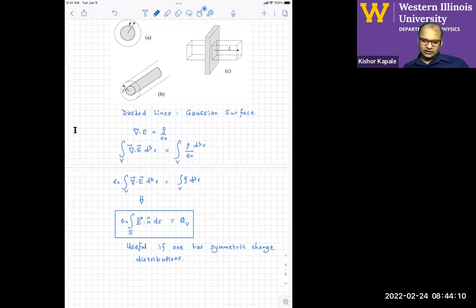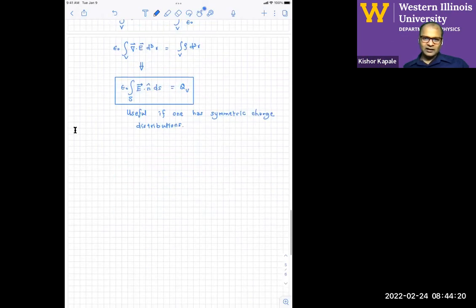In B, the cylindrical charge distribution, it's independent of the theta coordinate, and it's independent of the z coordinate. Those things make the surface integral evaluation extremely easy, and so you don't have to do Coulomb integration. This is a next level technique, but it helps if you have symmetry.